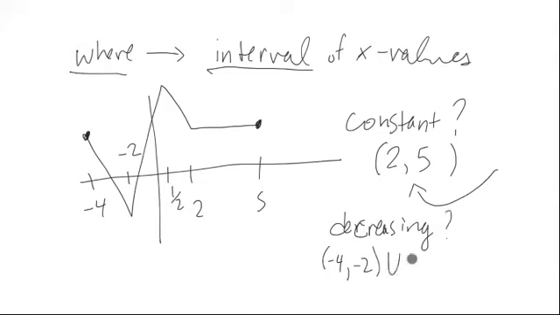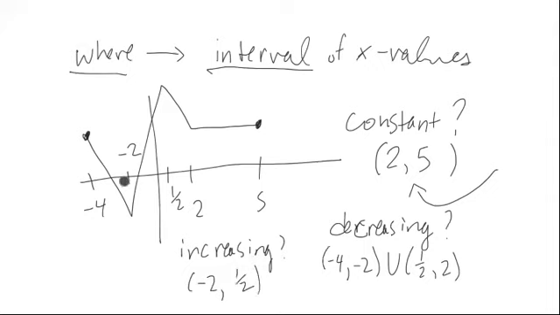We can union this with 1/2 to 2. So that's where this function is decreasing. Where is this function increasing? Well, if we go from -2 to 1/2, that is perfect. So that's where this function is increasing.